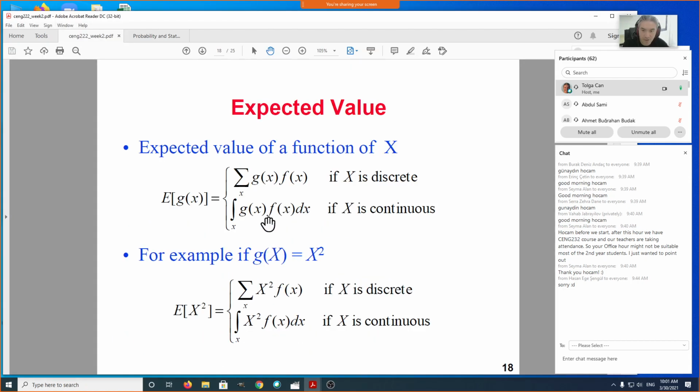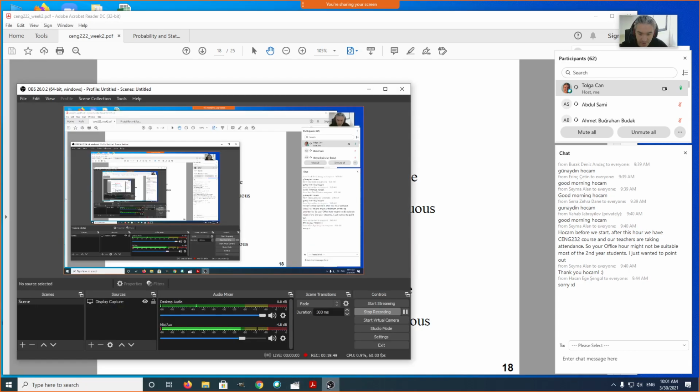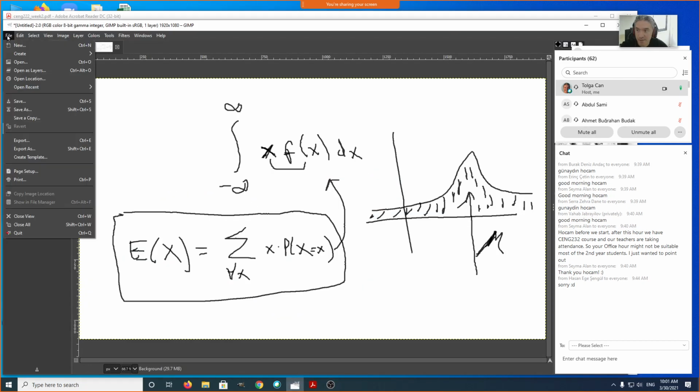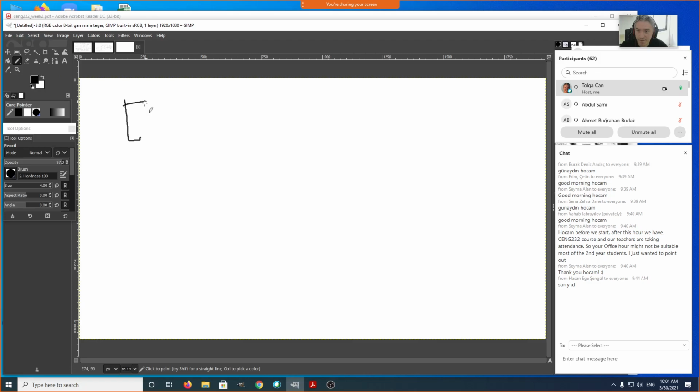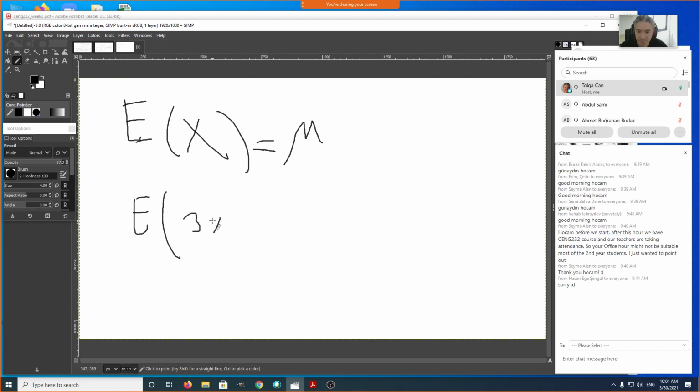Now, the expected value has certain properties, like the linearity of expectation. Let me write it here. For example, if I know the expected value of some variable is mu, and I define another random variable, which is 3X, what would you think the expected value of this will be?